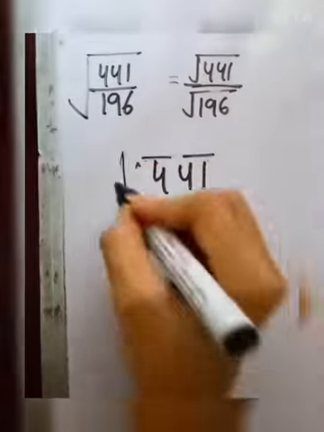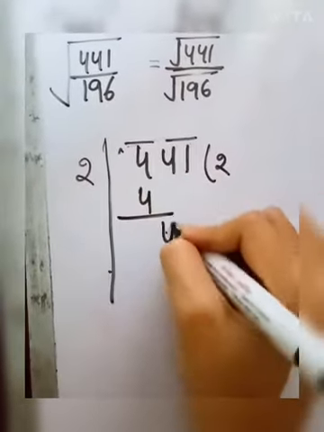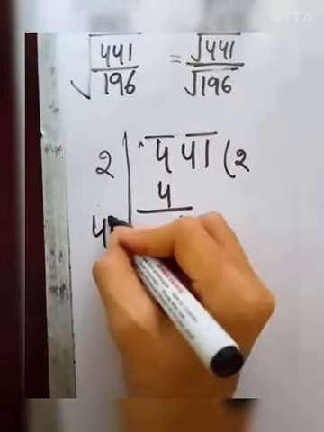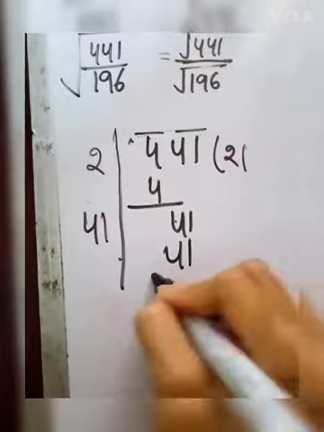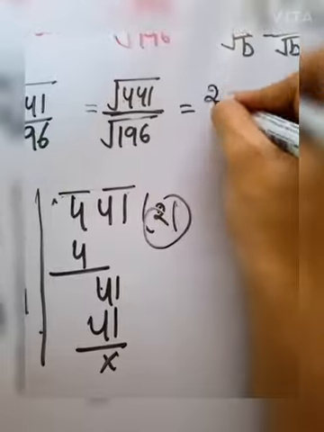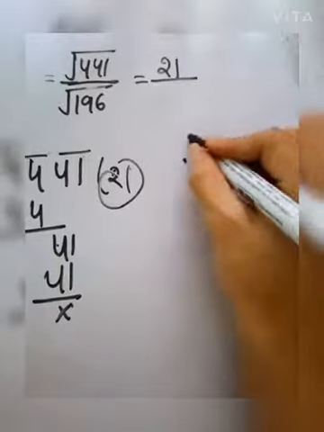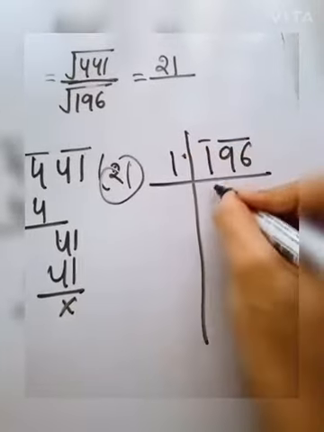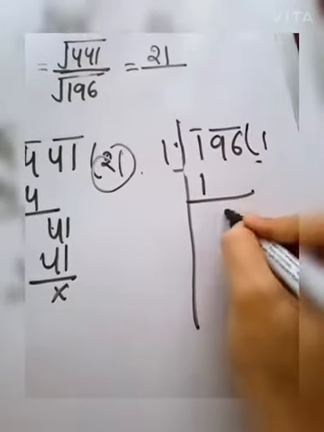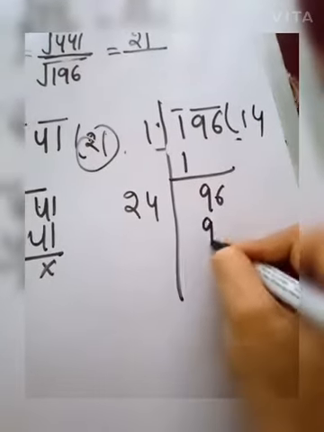Make the periods. Square of 2 is 4, bring down 41. Double of 2 is 4, 41 ones are 41. So square root of 441 is 21. And now find the square root of 196. 1 ones are 1, bring down 96.